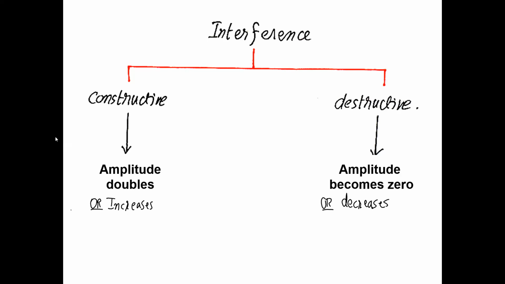Similarly, waves do the same. They are very social like us. They interfere constructively, which increases their size, and they also interfere destructively, which decreases their size or even makes it zero. This is the second concept for today. So you have to copy this.